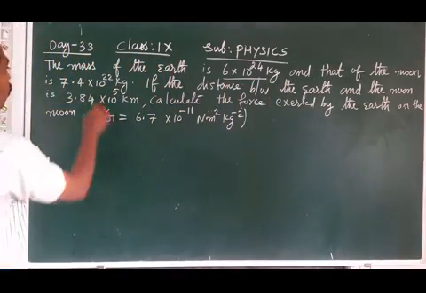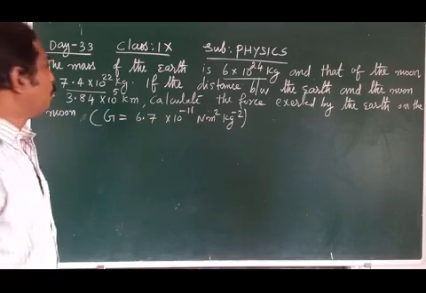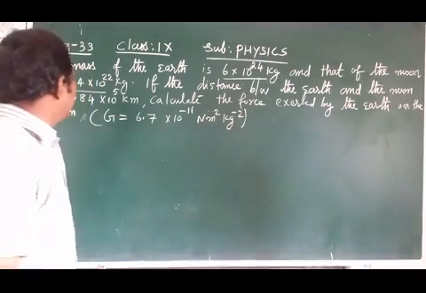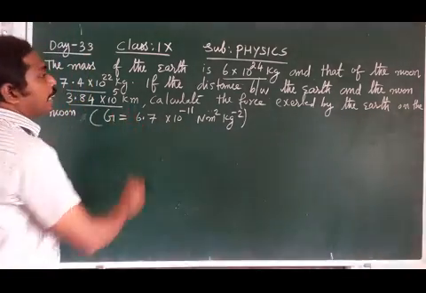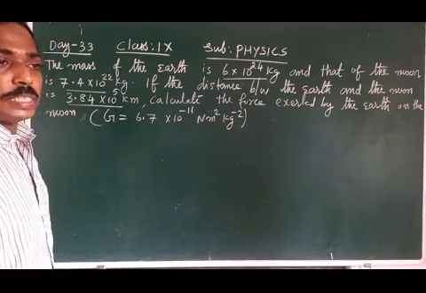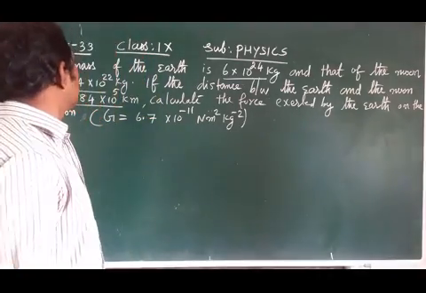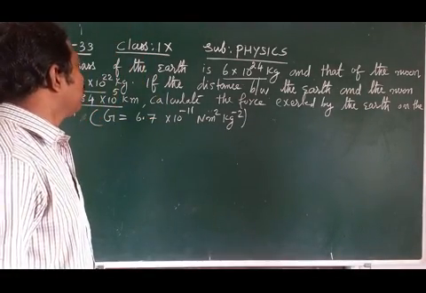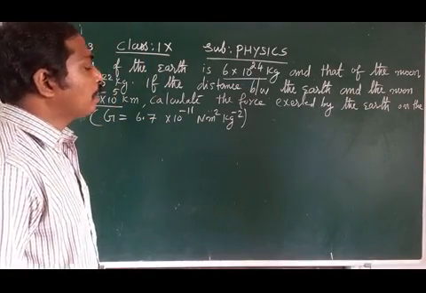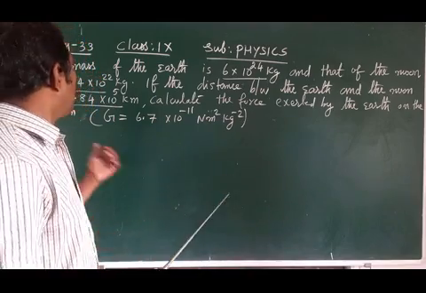Then the mass of the moon, 7.4 into 10 raised to 22 kg, and the distance between earth and moon, D, is 3.84 into 10 raised to 5 kilometer. Calculate the force exerted by the earth on the moon.